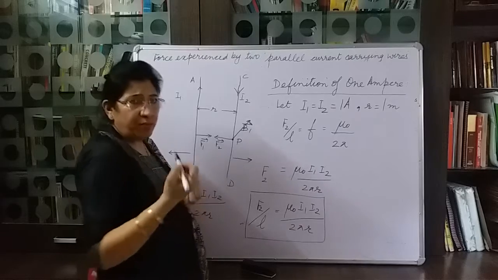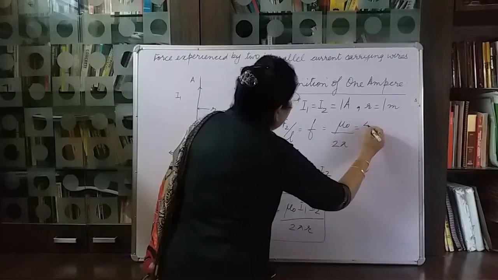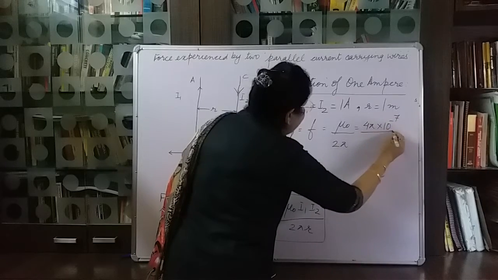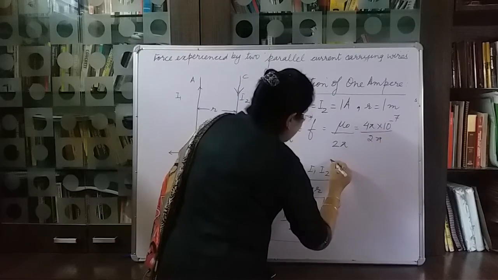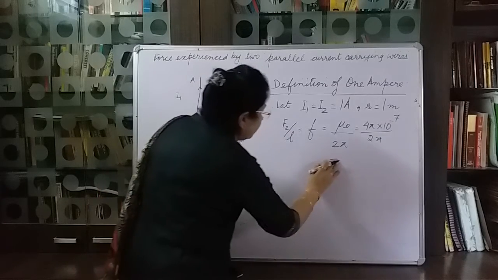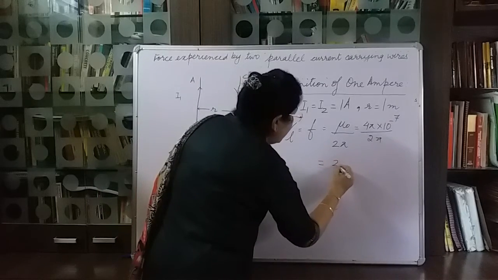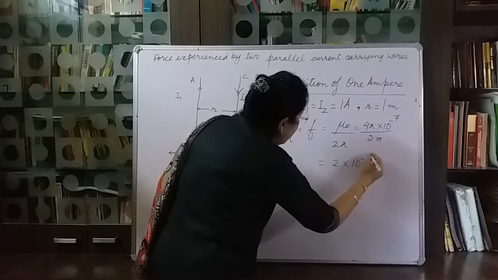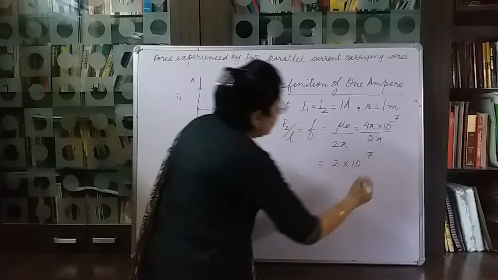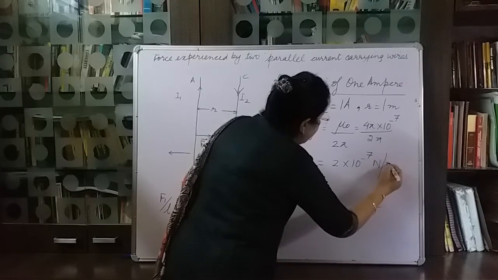What is the value of mu naught? Mu naught is 4 pi into 10 raised to power minus 7. So this becomes 2 into 10 raised to power minus 7. This is force per unit length, so we can write Newton per meter.